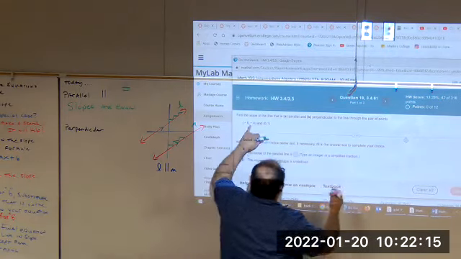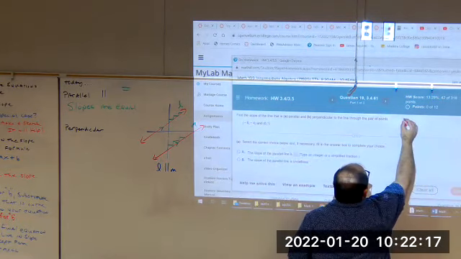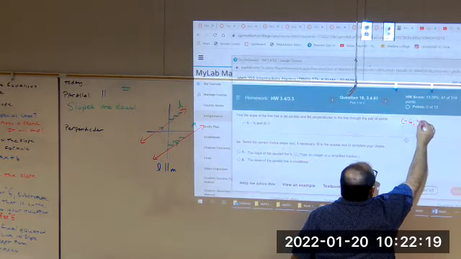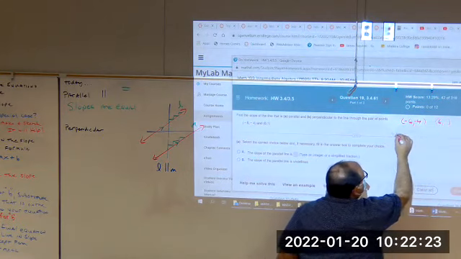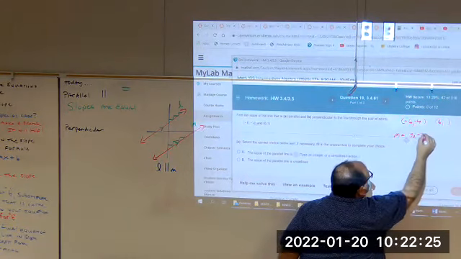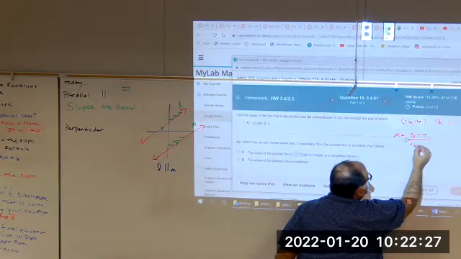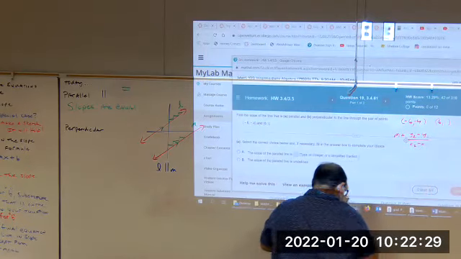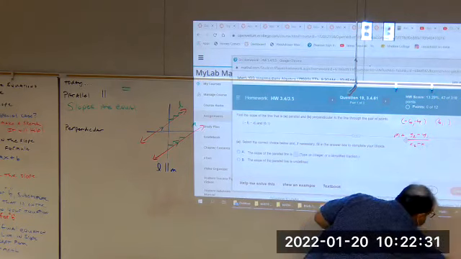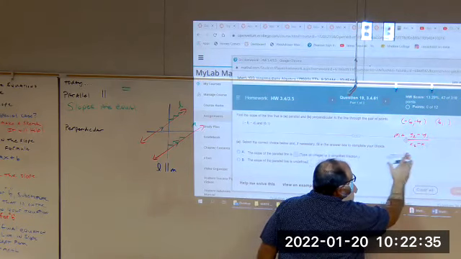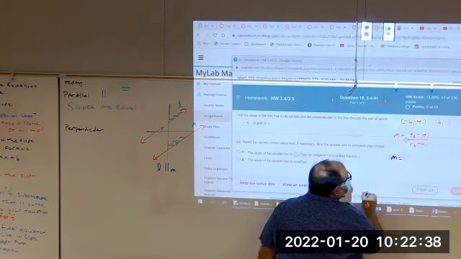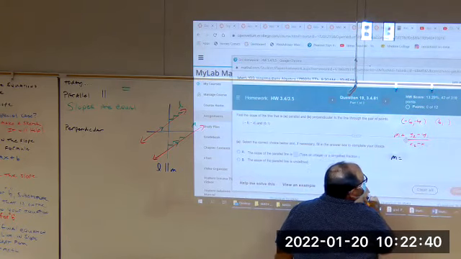So let's find the slope. We have (-6, -4) and (-6, 1). Y sub 2 minus y sub 1 over x sub 2 minus x sub 1. Which y do you want me to start with?